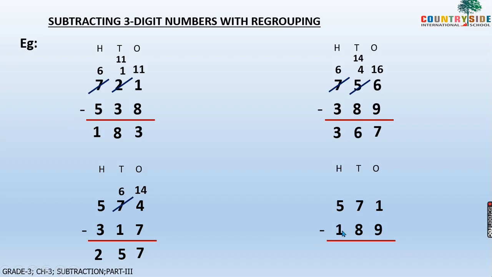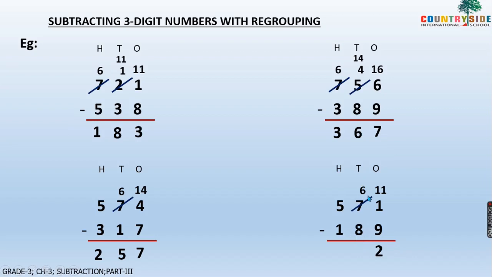Then next is 571 minus 189. Now from 1 we cannot subtract 9. So this 1 will borrow one number from 7, and we will cancel this 7 and it will become 6, and this 1 will become 11. So 11 minus 9 is 2. Then 6 minus 8 we cannot do because 6 is smaller than 8.